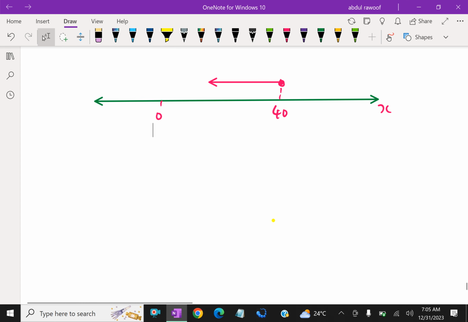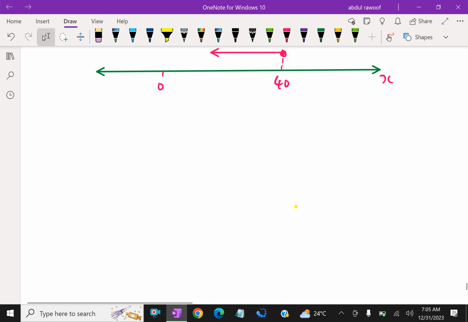Now, suppose some limits are given in two ways. Look at one example.